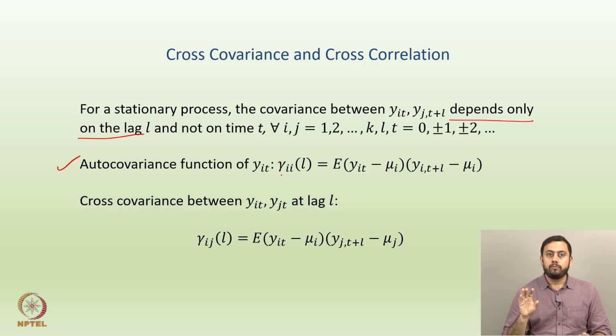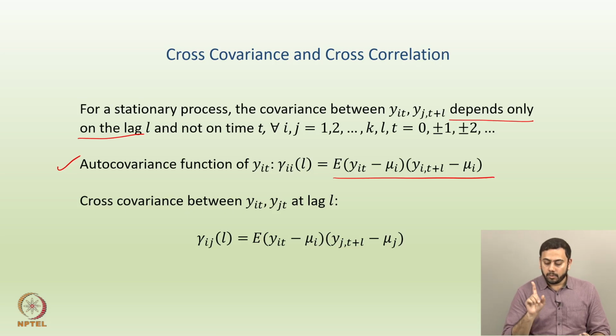We are trying to put forward a formula for yit and then yj at, let us say, t plus L, so you have some lag between the two values. The autocovariance function of yit would be denoted by gamma ii of L, and one can apply the standard formula: expectation of yit minus its mean into yi,t plus L minus its mean.